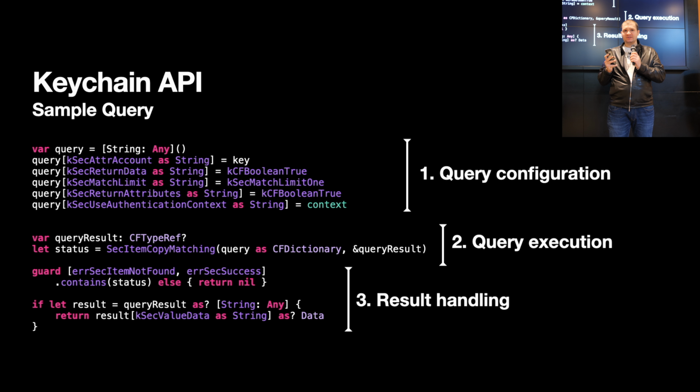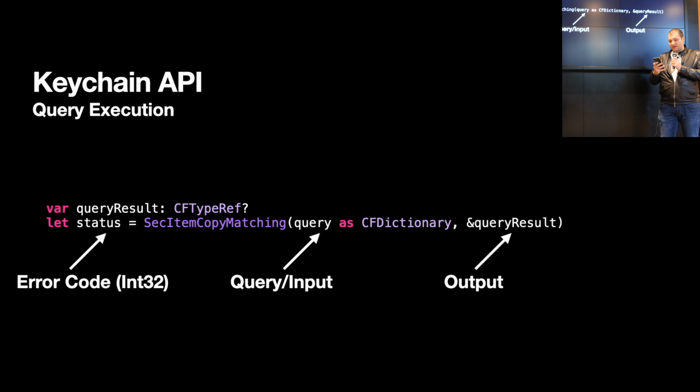So let's zoom in on step 2. As you can see, there are 3 parts of it. So we have the query input here. We pass it as the parameter because we configured the dictionary before. And we also have to pass the output as the parameter, as the reference to that parameter, because, as I said, it's not an object-oriented language.